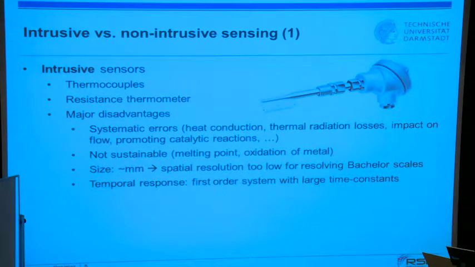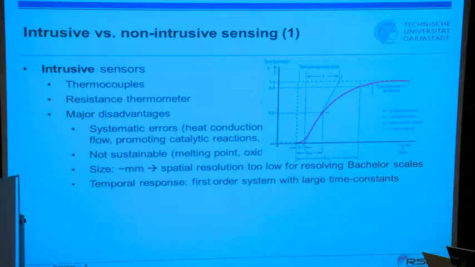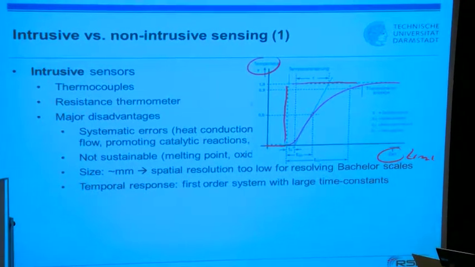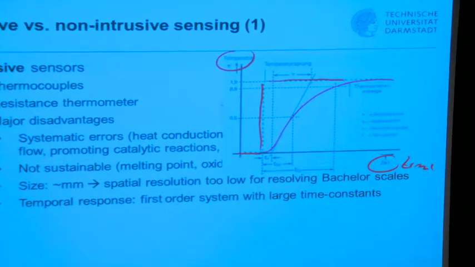And they have a certain response time. You can approximate them as a first order system with a certain time constant, and it is shown over here. Here is the temperature, here is the time, sorry, that is in German. If you would have a temperature step like that, then your system would not follow directly because of the thermal inertia.